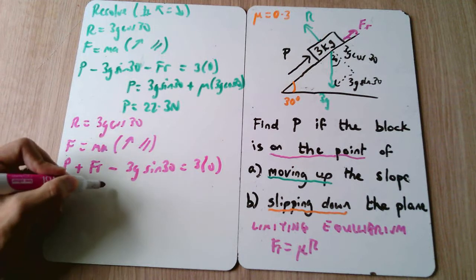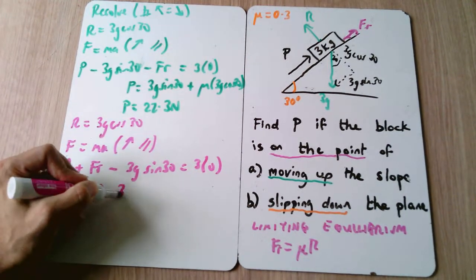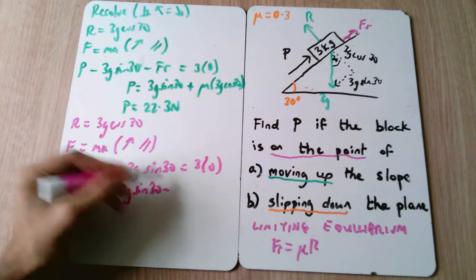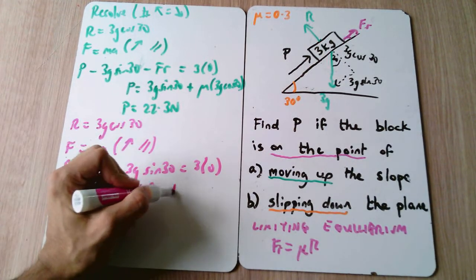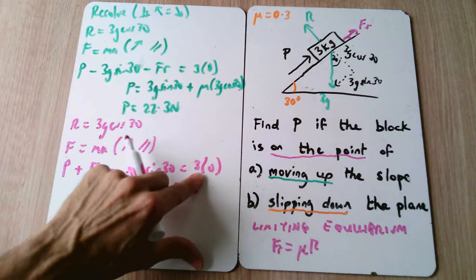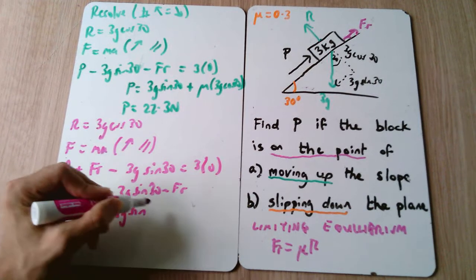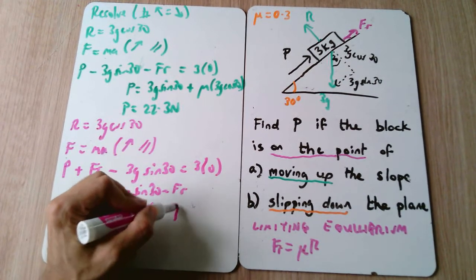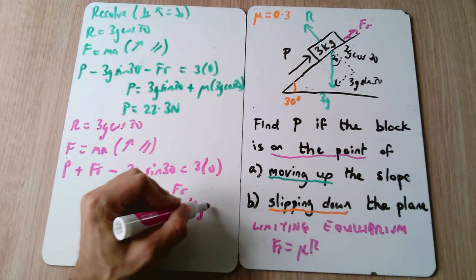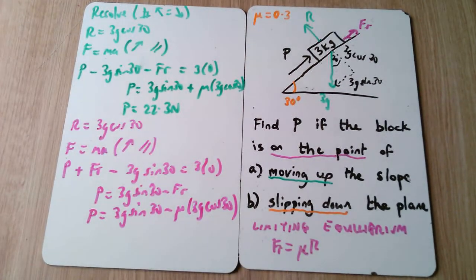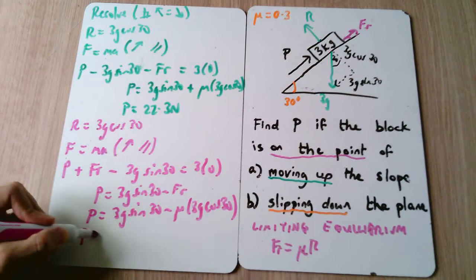And from that, when we rearrange and make P the subject, P is equal to 3g sin 30 minus the value of friction. So very simply, P is now equal to 3g sin 30 minus mu brackets 3g cos 30, or 0.3 cos 30. And now if we work that out, we get a value equal to 7.06 newtons. So P is equal to 7.06 newtons.